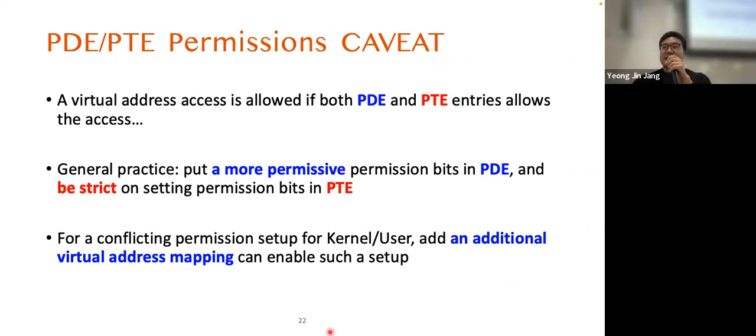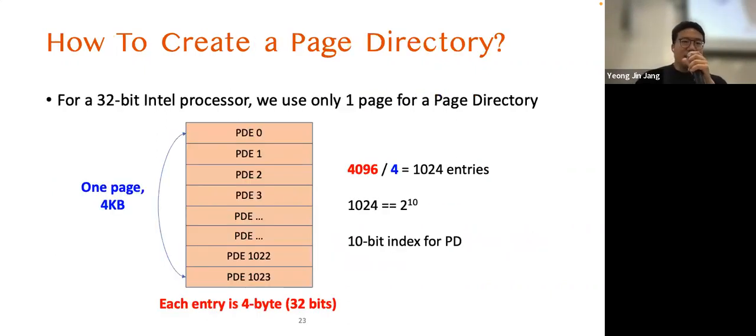Let's delve into a little more detail about the page directory and page table. I told you that to translate the virtual address, we first refer to the page directory stored in the CR3 register. The page directory is just one page.